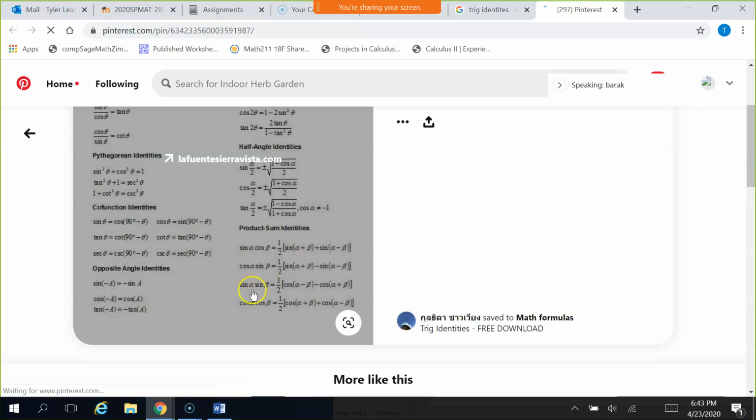We had sine alpha times sine beta, and it breaks down into 1/2 cosine of alpha minus beta minus cosine of alpha plus beta.